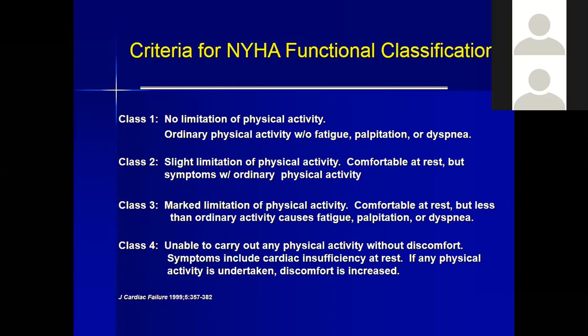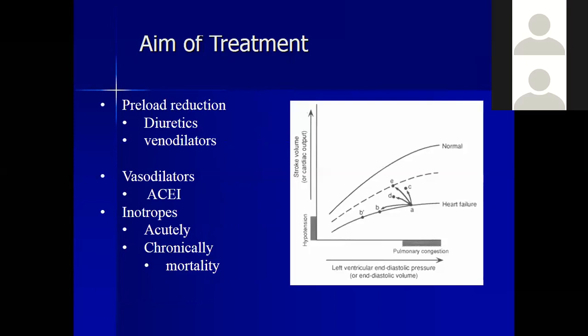So these are the symptoms of class 3. Class 4 means I'm short of breath at rest. I don't have to move, even at rest I have shortness of breath. And these are the symptoms you have to ask the patient, NYHA 1, 2, 3, when you are writing in a history. Okay.